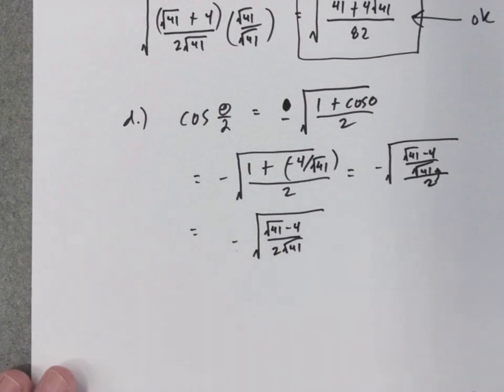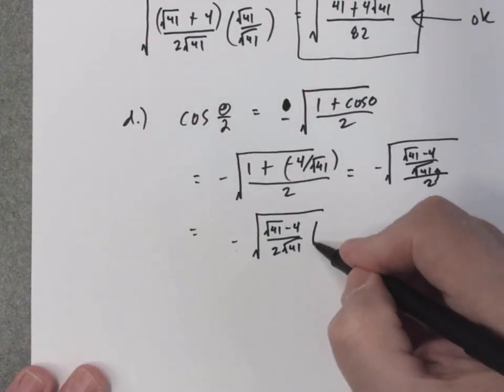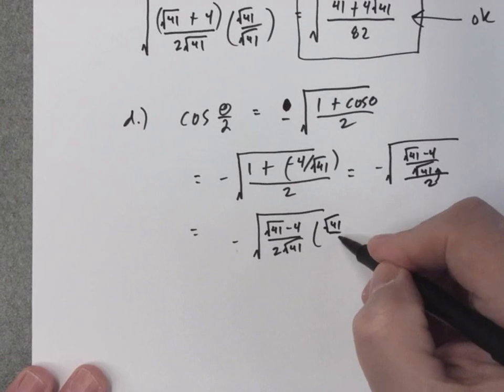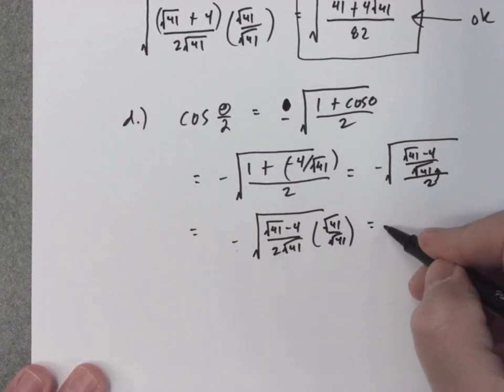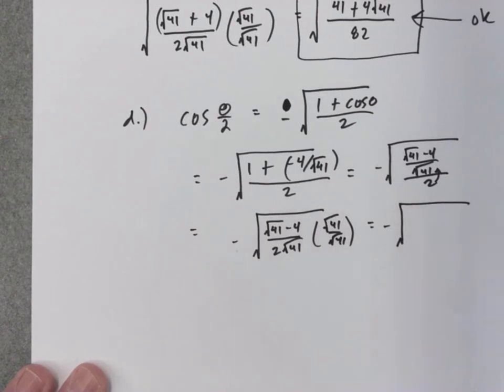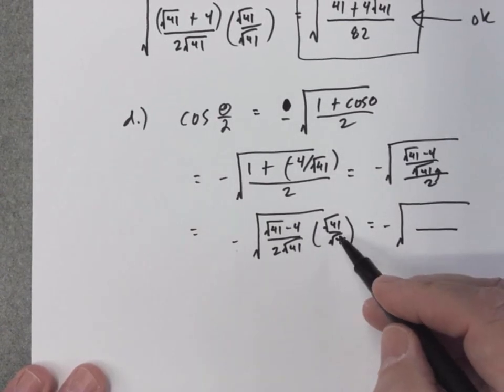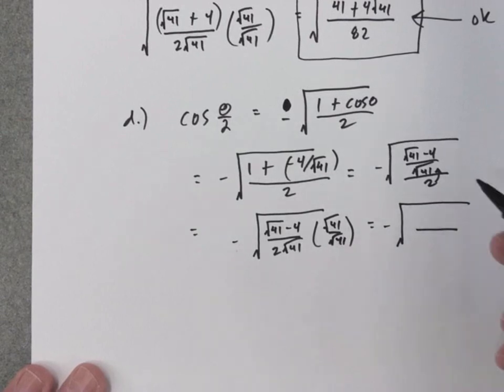And now I do need to get rid of that square root out of the denominator. So I multiply top and bottom by square root of 41 over square root of 41. And when you do that, first of all, in the denominator, you end up with square root of 41 and square root of 41, which is 41 times 2. So I get this 82 again.